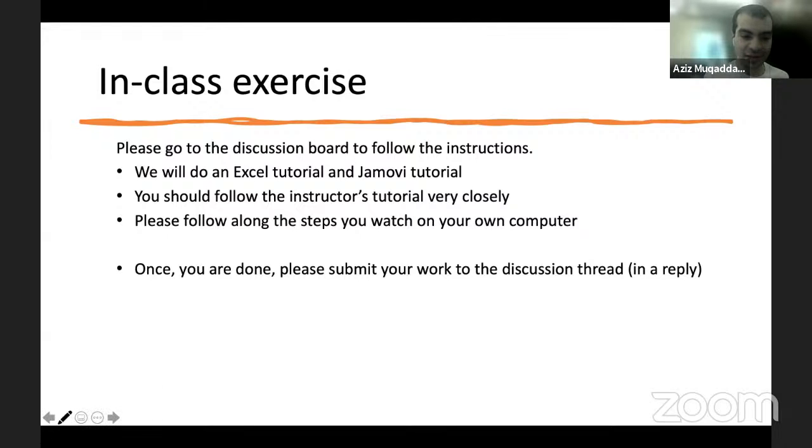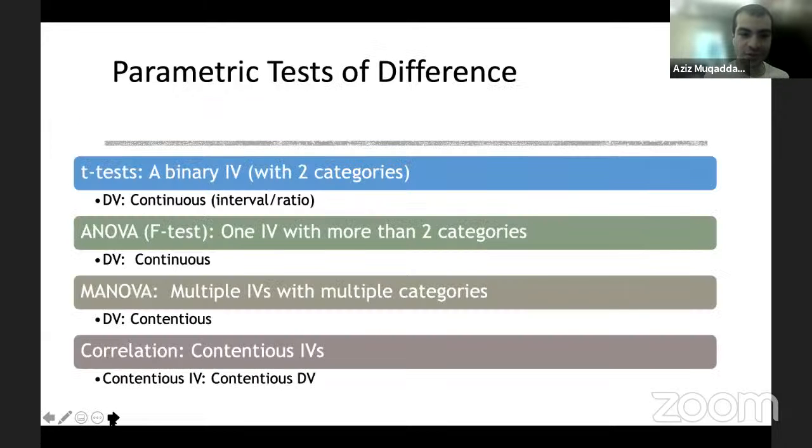Okay, so that's telling you about the tutorial. So I already posted the video. Here, again, I'm showing you the different tests. So we're going to cover t-test and ANOVA. So t-test is a binary IV with 2 categories, and the DV is continuous.